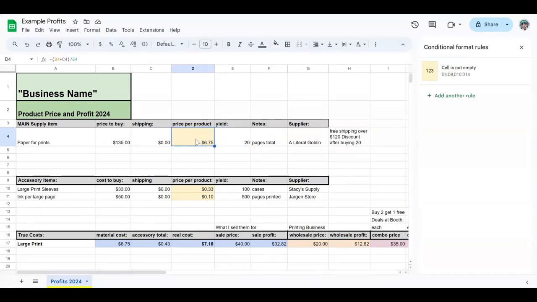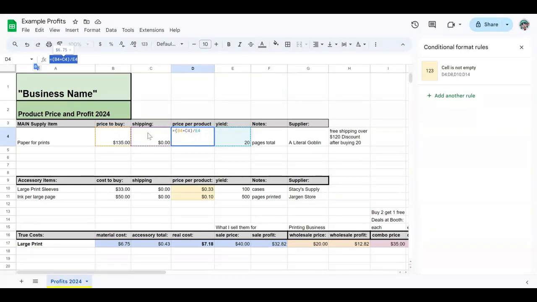You go to this one and it'll tell you how much each page costs, because going up here to the function area, I already have the formula in there for you, so you don't have to do math, but it is equal sign and then parentheses B4, and that is this orange highlighted box plus C4, which is the shipping box. So this plus this, that makes sense.